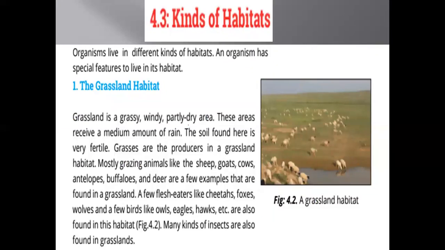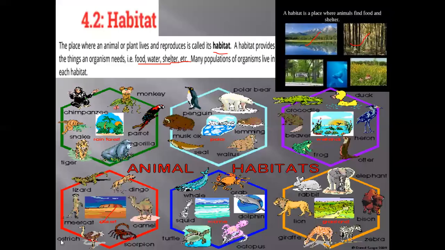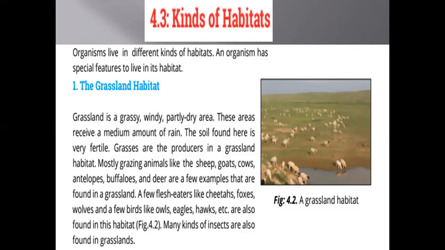We have discussed some types of habitat here in this diagram. So we will see them in detail. First of all, we will see the grassland habitat. A grassland is a grassy, windy, partly dry area.